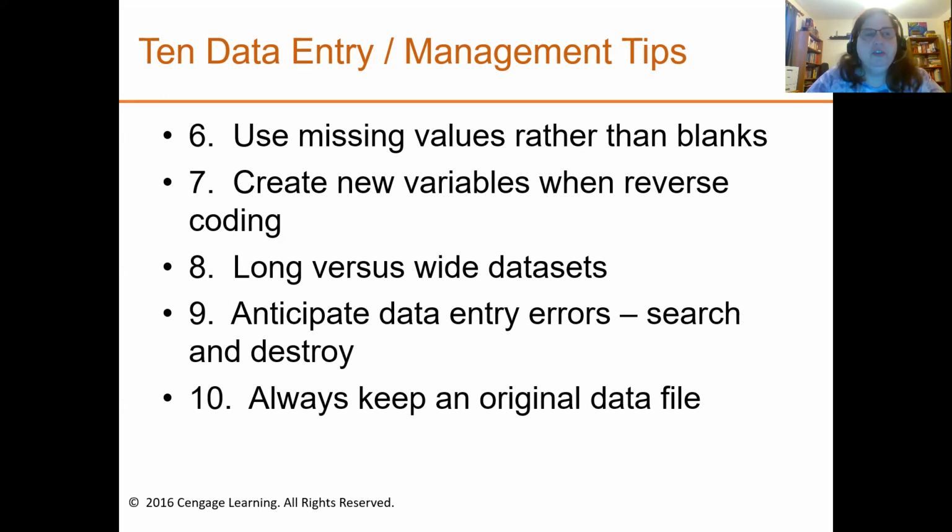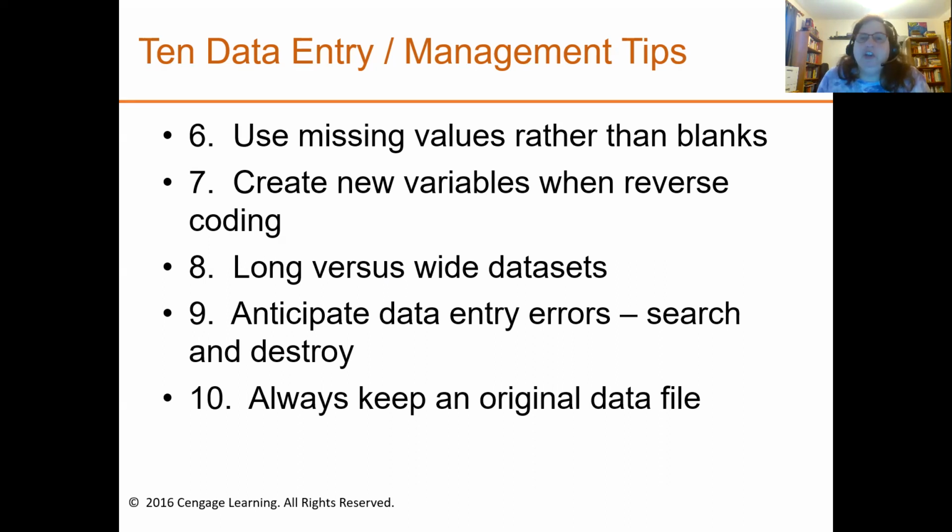I always recommend creating new variables when reverse coding. So again, that reverse coding thing, if you have one item, if you're measuring happiness and one item says, I am very happy, with ratings of 1 to 5, with 5 being strongly agree. And the second item is, I am very sad, same set of Likert items, 1 to 5, 5 being very much agree.